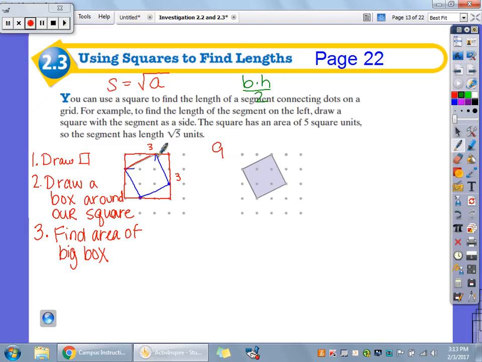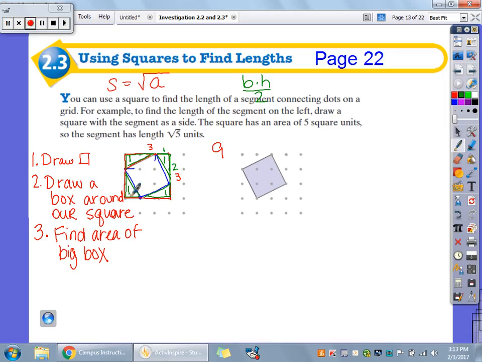So our base is this distance here, it's 1, and the height is this distance here, which is 2. So 1 times 2 is 2, and then take that and cut it in half. So half of 2 is 1. Which means that each one of these corner pieces right here, we'll outline those in green, each one of those triangles has an area of 1.